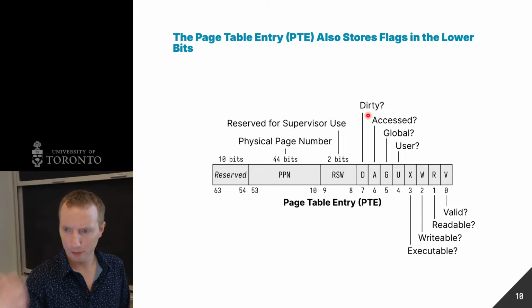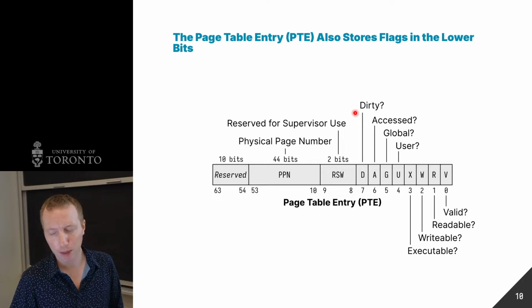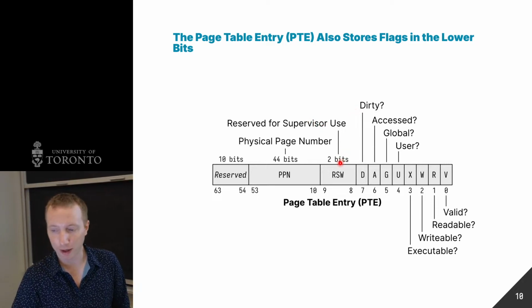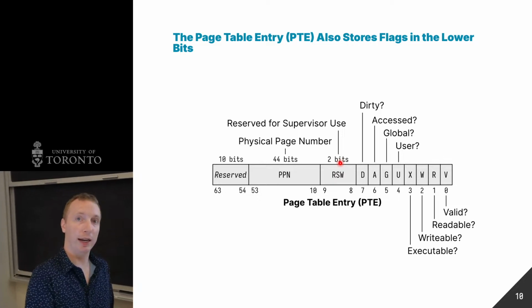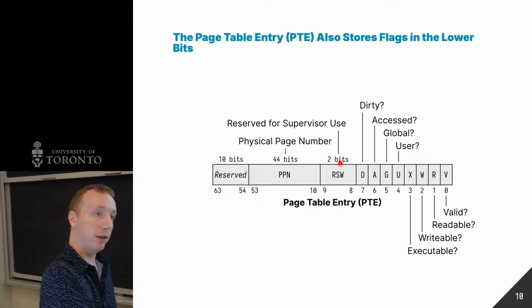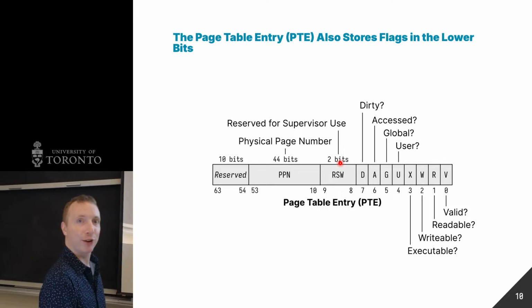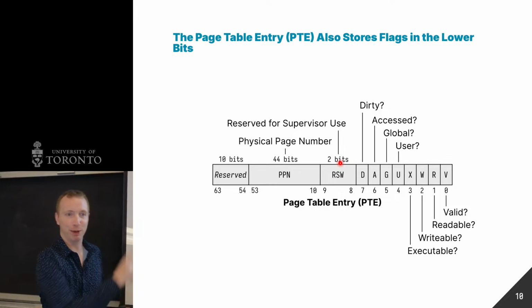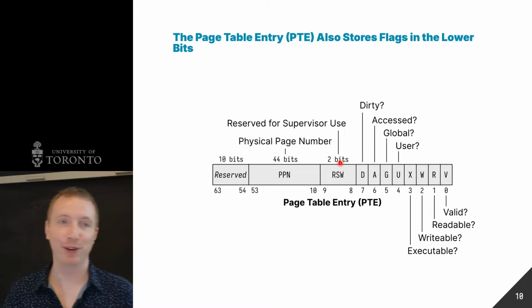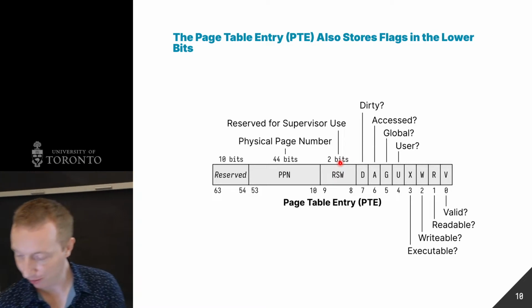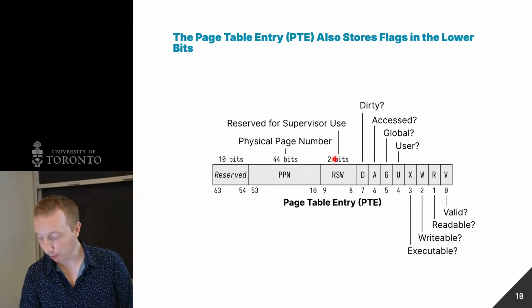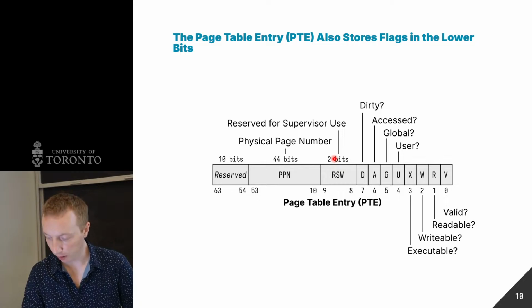We might get into what that means in this course, might not. Then there are 2 bits reserved for supervisor use, aka the kernel. Spoiler alert: in Lab 3, you get to play with virtual memory, and you'll be using that information to do some translations and some fun stuff. So those are bits you're allowed to use for whatever you want.